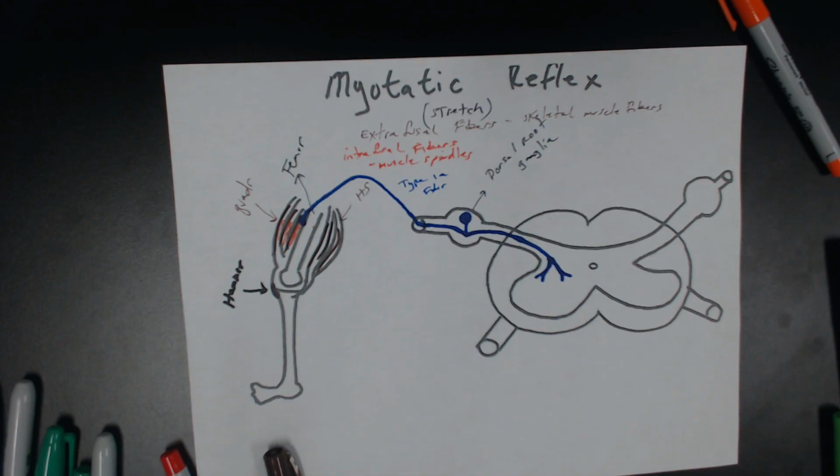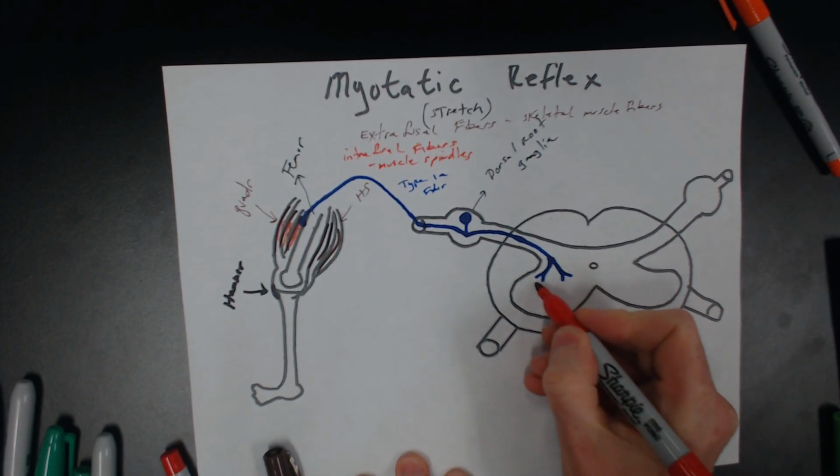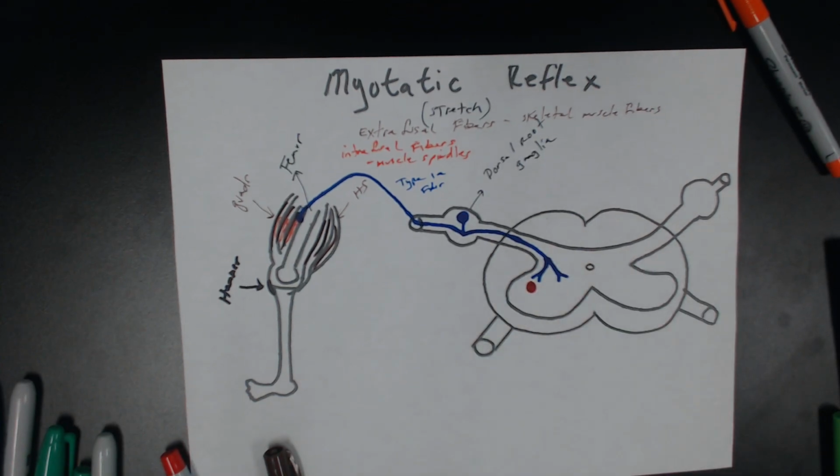One of the axons is going to synapse directly with an alpha motor neuron, and the other is going to synapse with an interneuron.